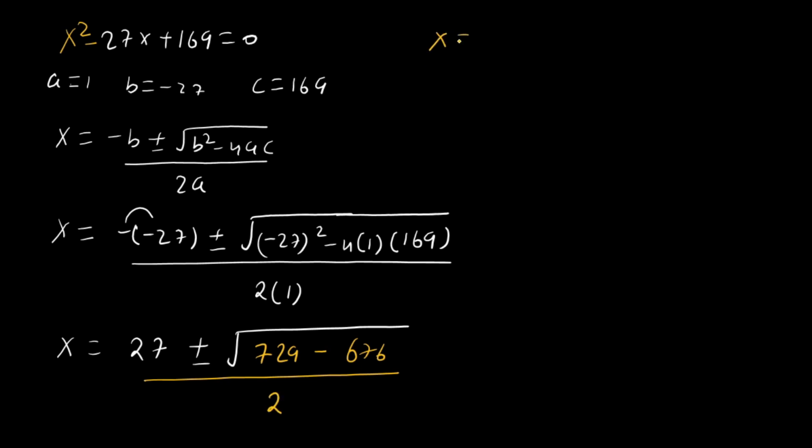Then x is equal to 27 plus minus square root of 729 minus 676, that is 53, divided by 2.